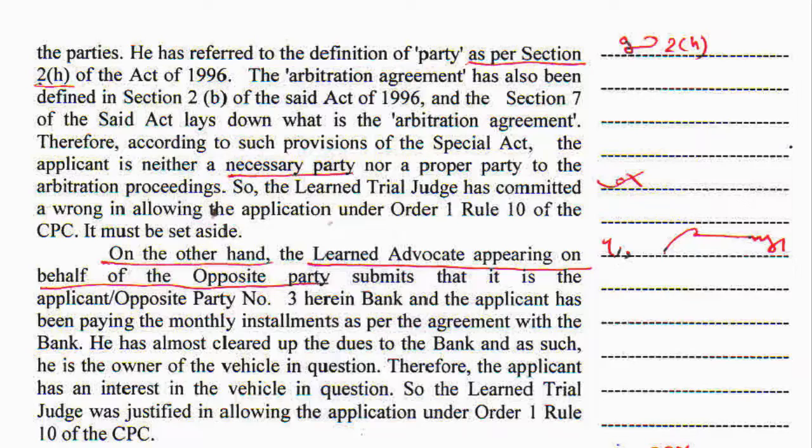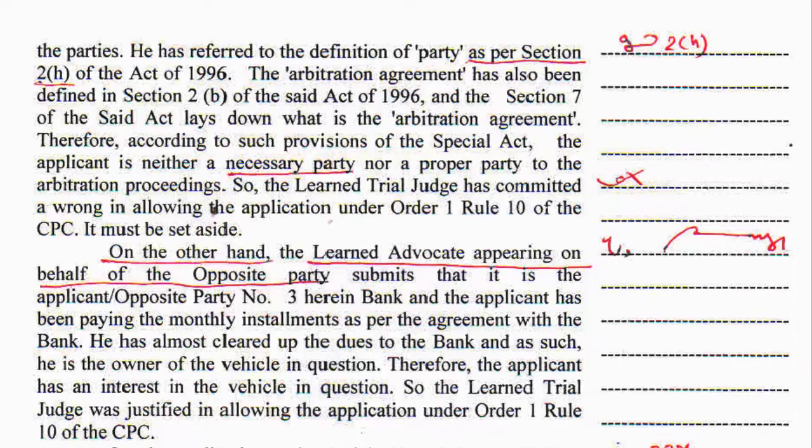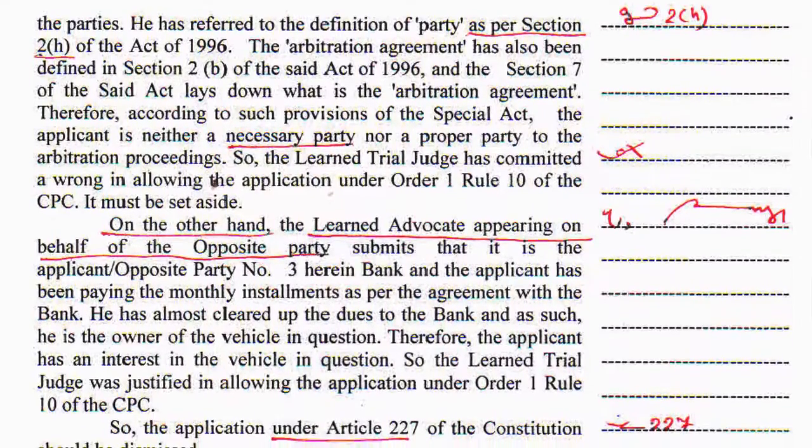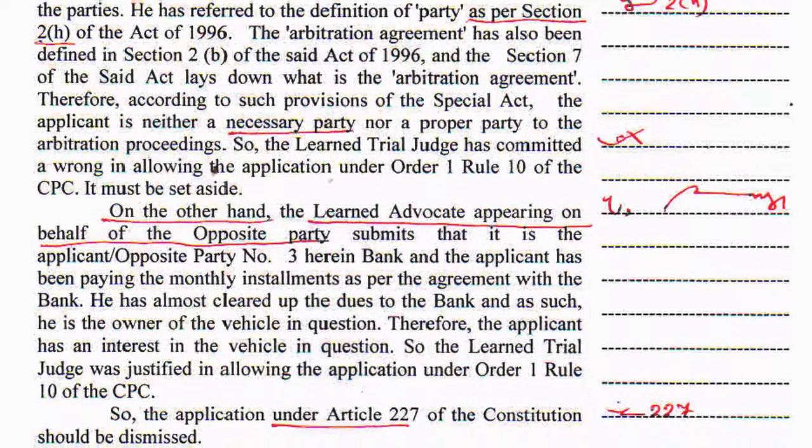Upon hearing the learned counsel for the parties and on going through the materials on record, I find that the subject matter of the proceeding under section 9 of the Act of 1996 relates to a vehicle bearing registration number JH10E2958.